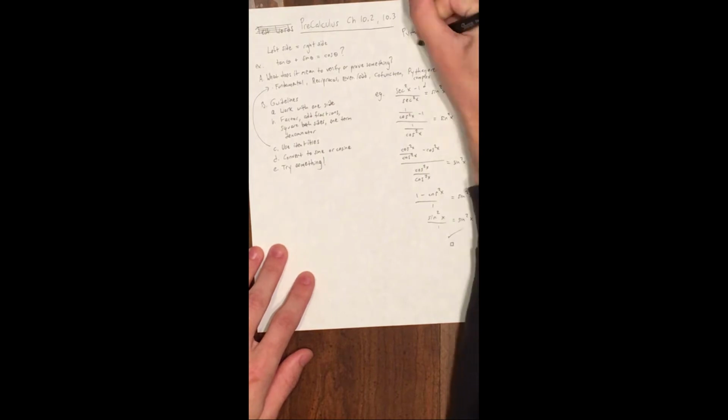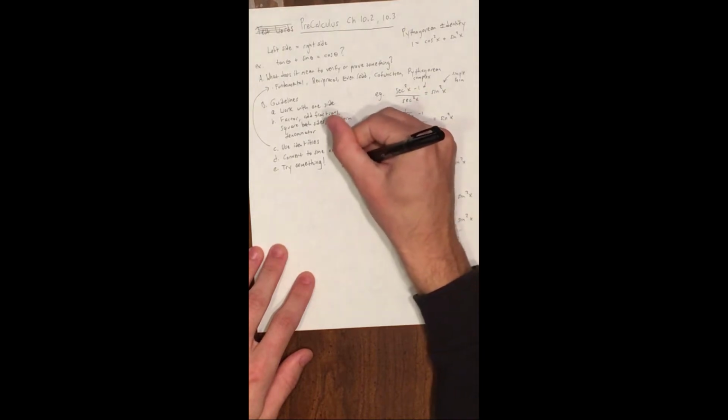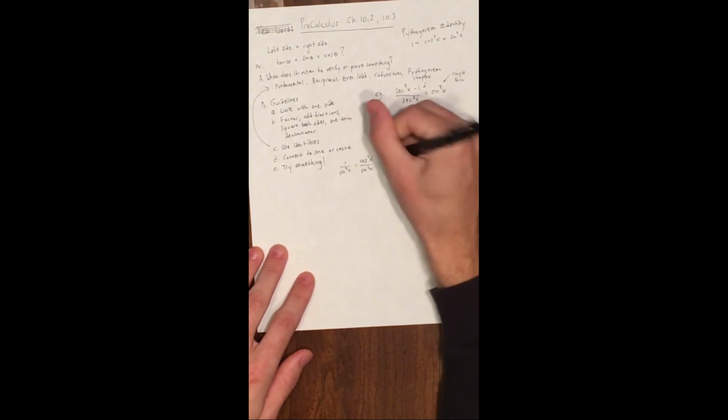And we can divide both sides by sine squared of x first, or divide both sides by cosine squared of x first. And we can get our identity. So one of them is cosecant squared of x is equal to 1 plus cotangent squared of x. And that happens when we divide both sides by sine squared of x.